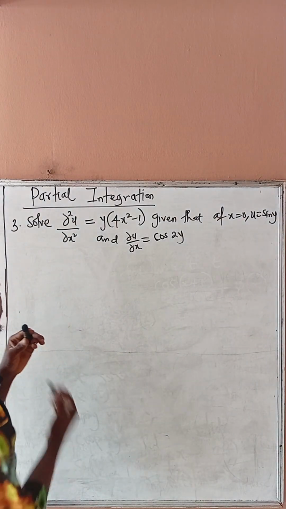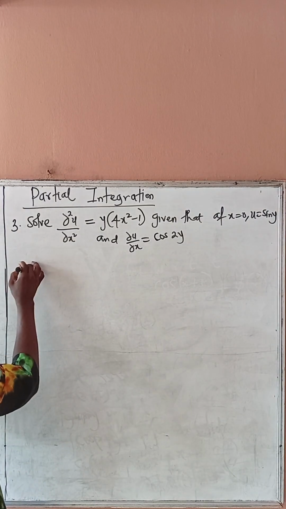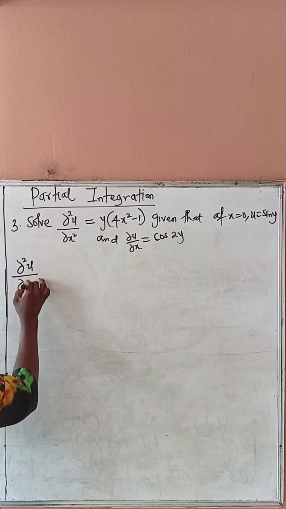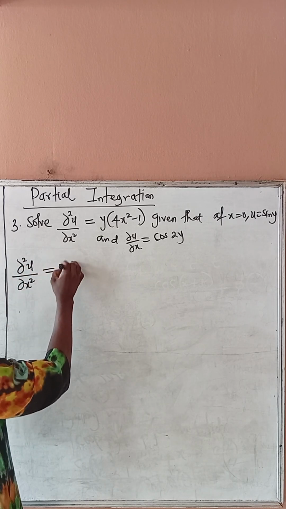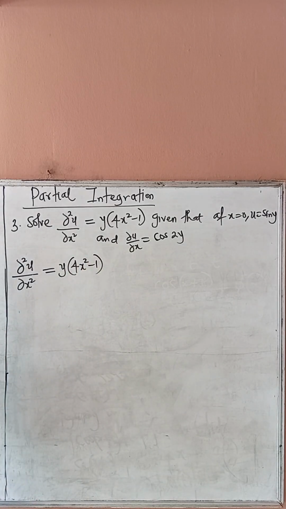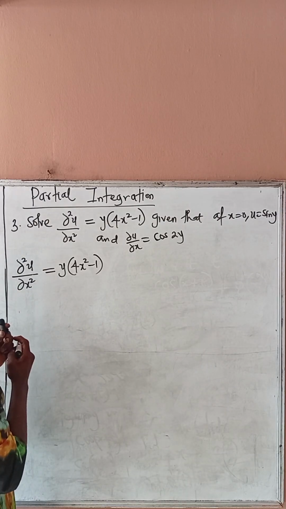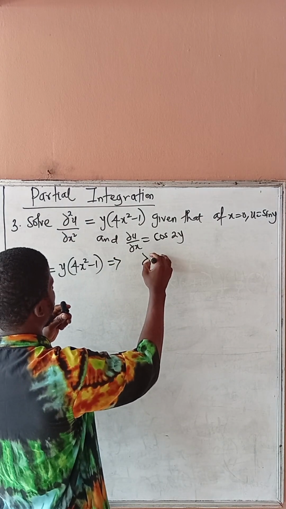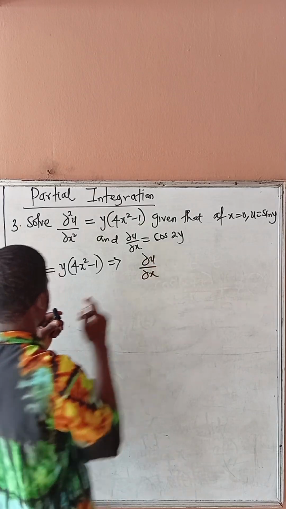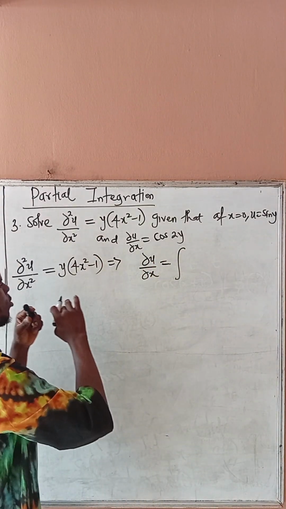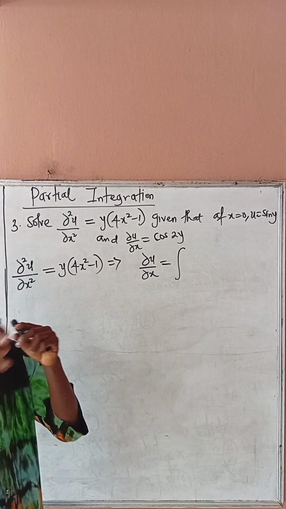I'm solving the second partial derivative of u with respect to x twice. This is y into 4x squared minus 1. So you know that I'm going to integrate with respect to x two times. If I do the first integration, it means that I'll get partial u partial x equals the integral of this particular function with respect to x.